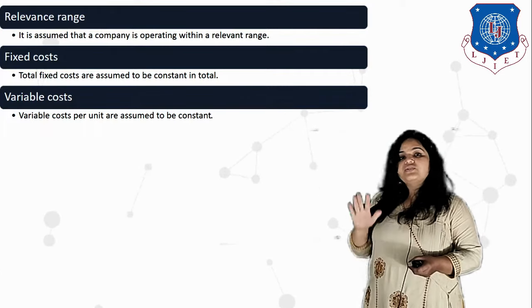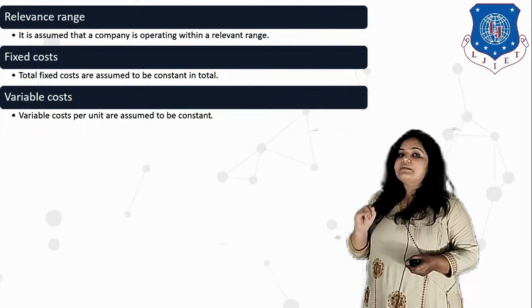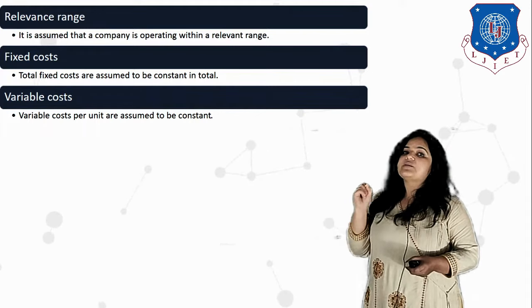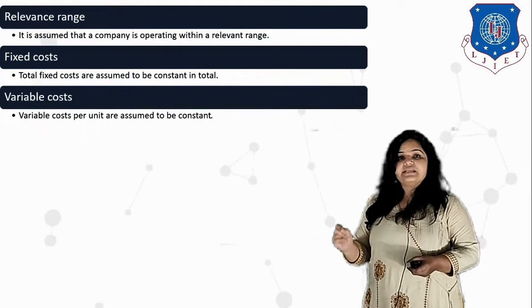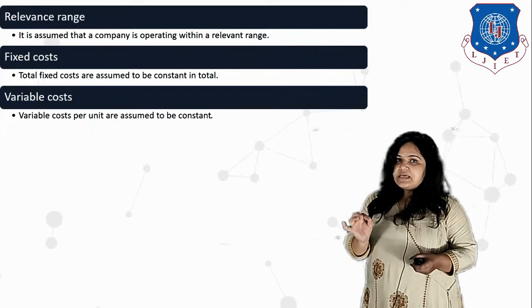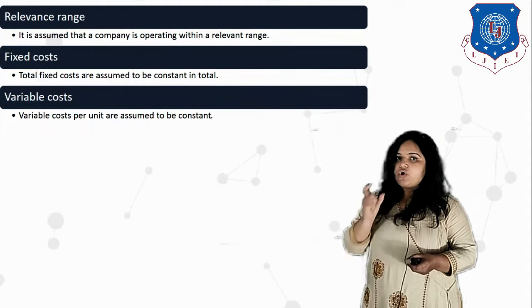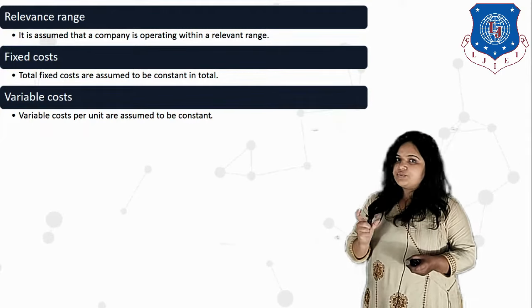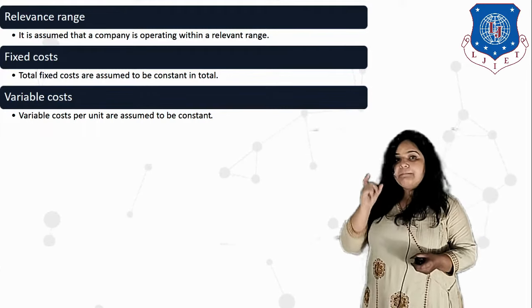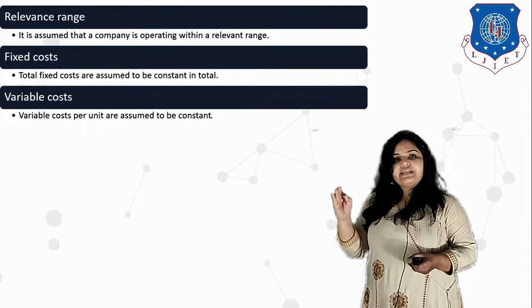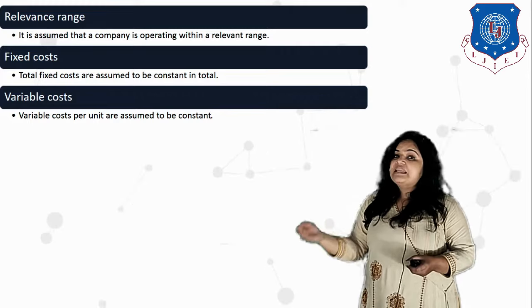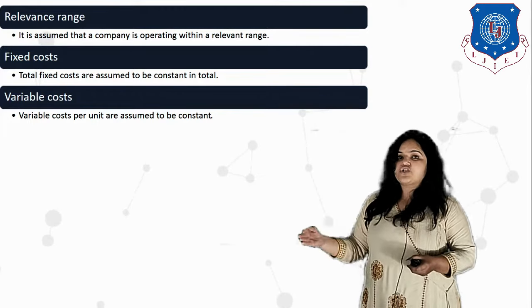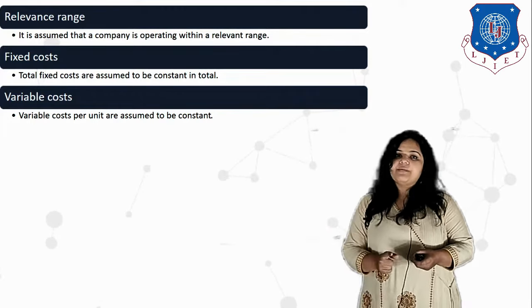Then for producing 5 pencils, my variable cost will be 5 into 5 is equal to 25 rupees. Which means the average variable cost or variable cost per unit is constant, but total variable cost will increase with increase in production or increase in number of units produced.